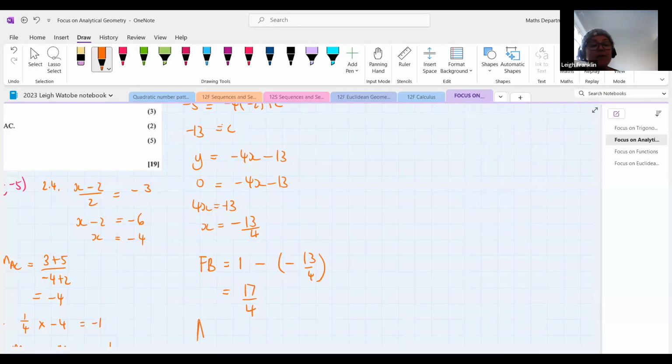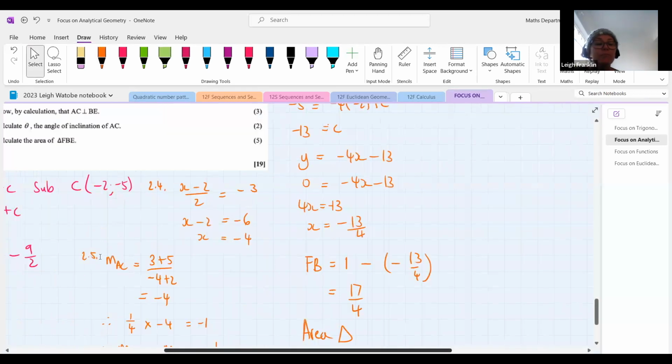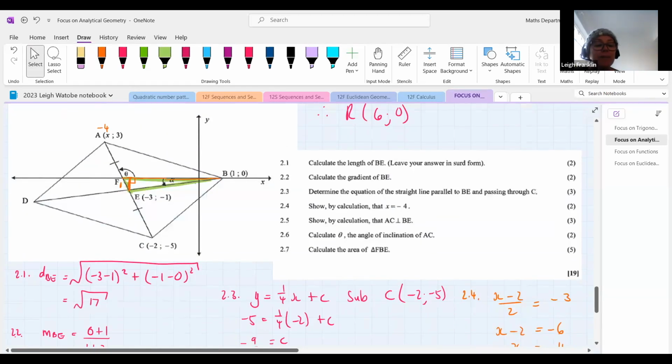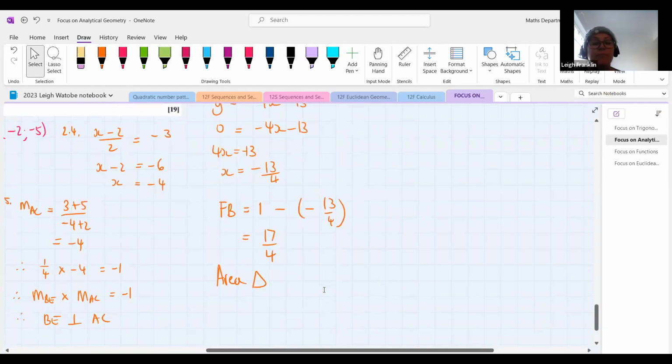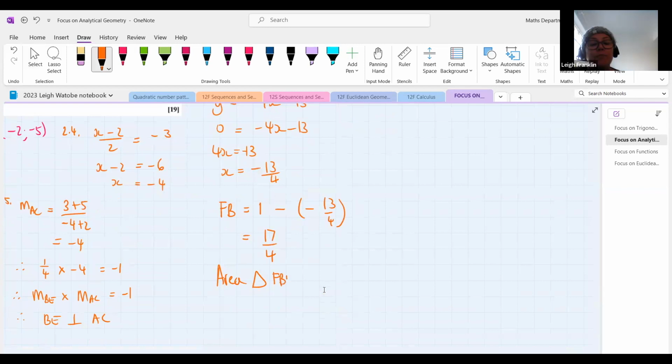And now I could say the area of triangle FBE equals half base times height. So half the base, FB, is 17 over 4.